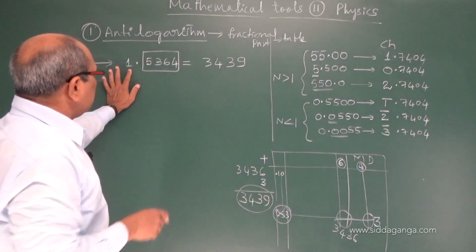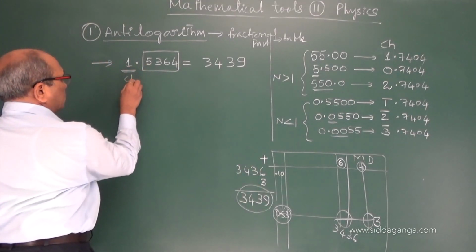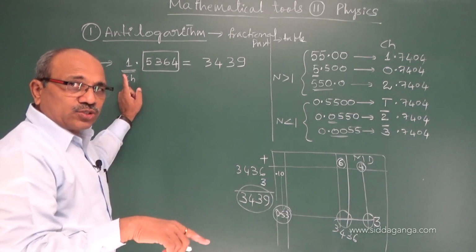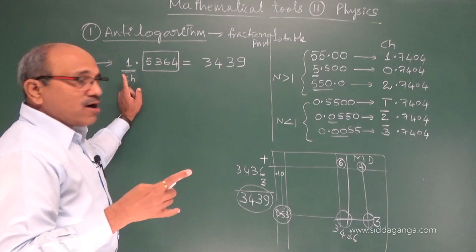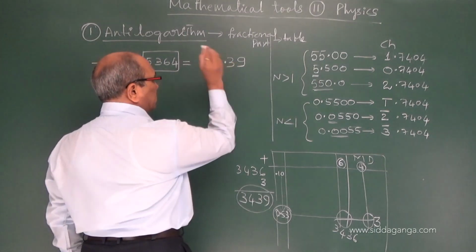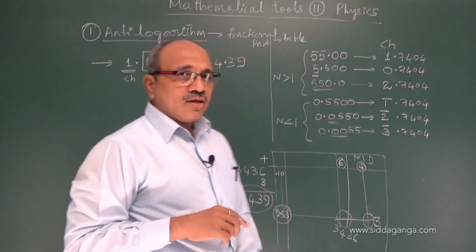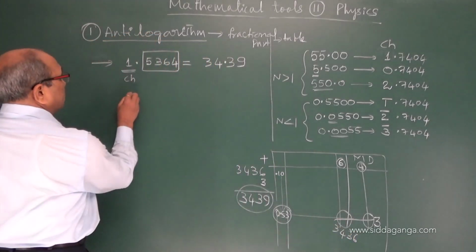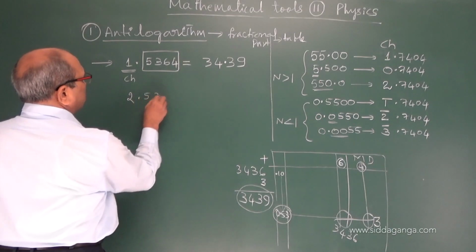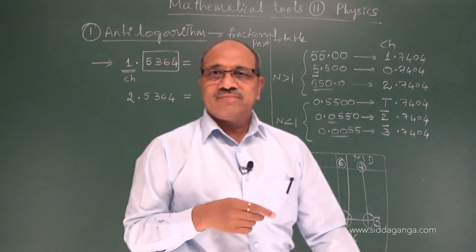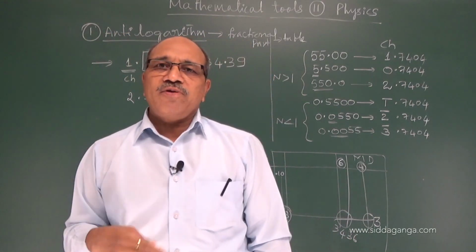Now see the characteristic, this characteristic part is 1. If it is 1, in finding the log we reduced, here we add 1 and put the decimal point after 2 digits. Work is over. You may be thinking, sir, if it is 2.5364, what may be the value? Where do I place the decimal point then?